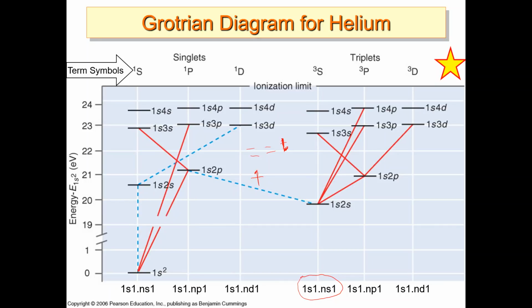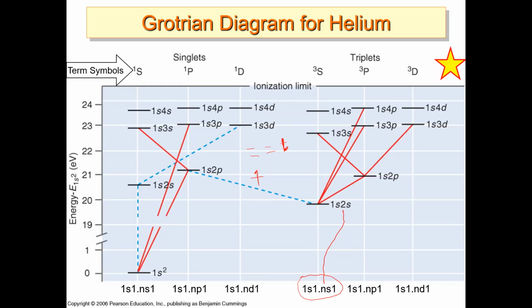So that's what the ns means. It's the first available shell. So we've got 1s, electron in 1s. What's the next n? The next one is 2. So it's 1s1, 2s1 would be the lowest one. And so this right here, the very first available n is 2.